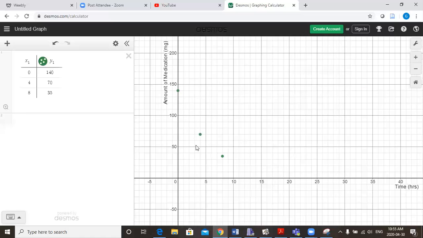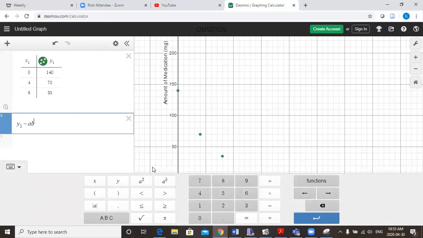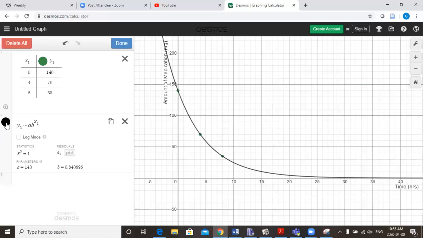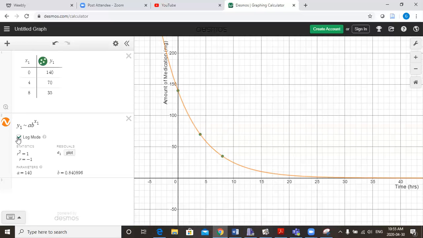So we have our 3 points. Now to get our graph, y1 tilde ab to the power of x1, and we'll make it a different color. You can see the graph is exponential decay. Click log mode. Notice the r squared is 1. It's a perfect fit. The a is 140 and the b is 0.84.